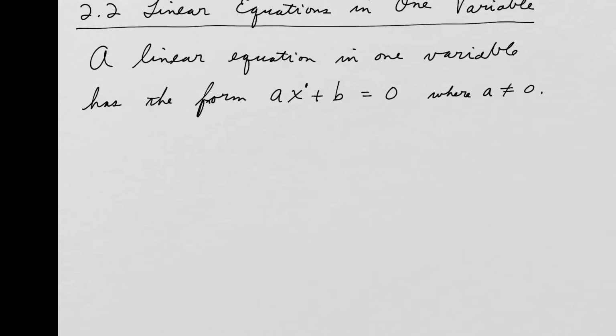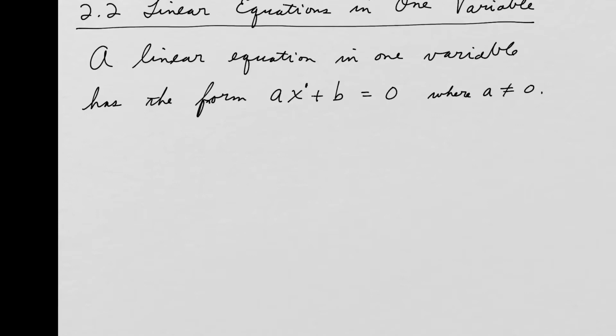Okay, so before we even review how to solve linear equations in one variable, I want to talk about how those equations can be classified. You don't hear this too often. This doesn't come up in too many textbooks, but I want to review it because it is in your textbook and I think it's important.